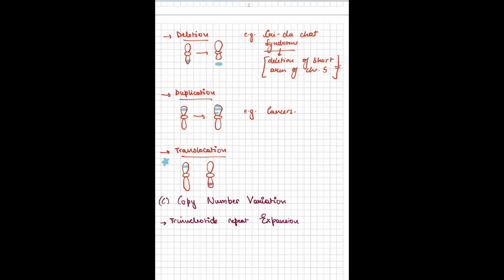The segment of DNA was changing on the same chromosome, but here it changes to a different chromosome. It is also known as illegitimate crossing over. Right? Examples of translocation are very much important.